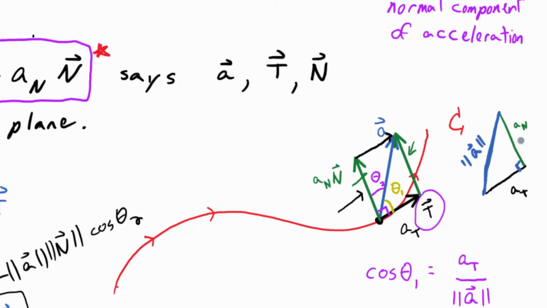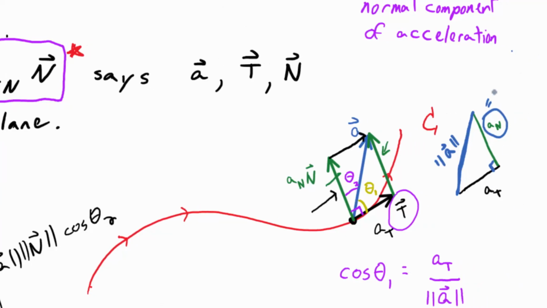We're looking for, can't we use the Pythagorean theorem on this thing? You bet. So the Pythagorean theorem says that a sub n is going to equal what? Well, I bet it's a square root. Going out on a limb there, right? So the square root of, let's see, if you write it in terms of the Pythagorean theorem with everything squared, it's going to be a sub t squared plus a sub n squared equals magnitude of a squared, right?